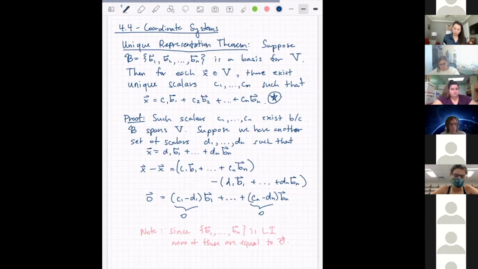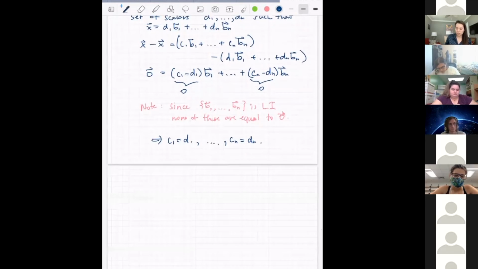So we get that C1 is equal to D1 and C2 is equal to D2 and Cn is equal to Dn, and all of those scalars are the same, meaning that this representation is in fact unique. So let's just say, therefore, the representation is unique.